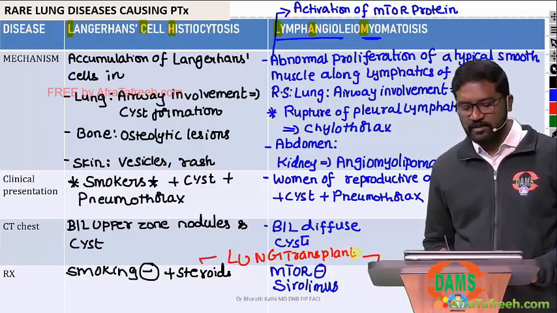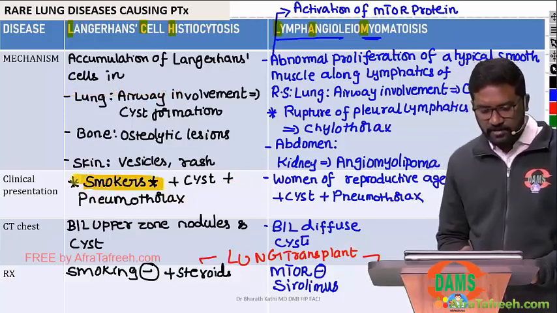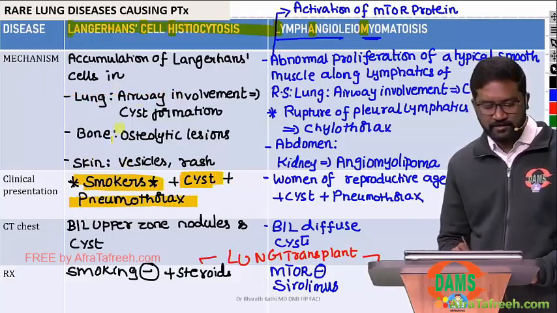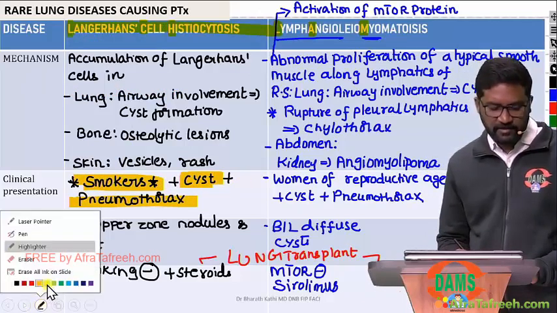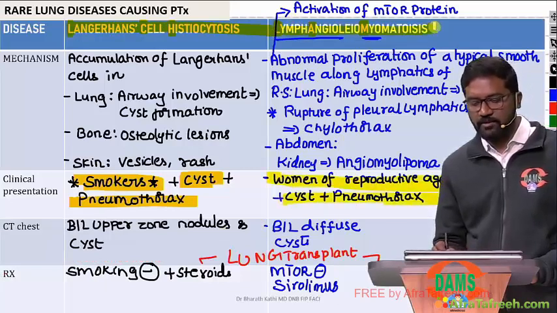So once again, in the question, if you notice a smoker, cyst, pneumothorax, think of LCH. Whereas if you notice women of reproductive age, cyst, pneumothorax, think of LAM.